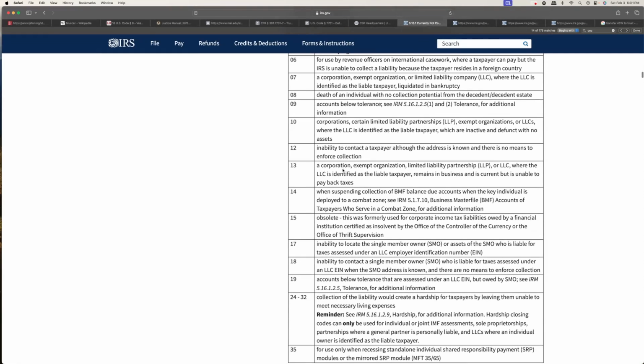Let's see, we have a corporation, exempt organization, LLP or LLC, where the LLC is identified as the liable taxpayer, remains in business and is current but is unable to pay back taxes. And that's because they most recently have been disregarded as a separate entity from the owner under the 8832 reclassification process.